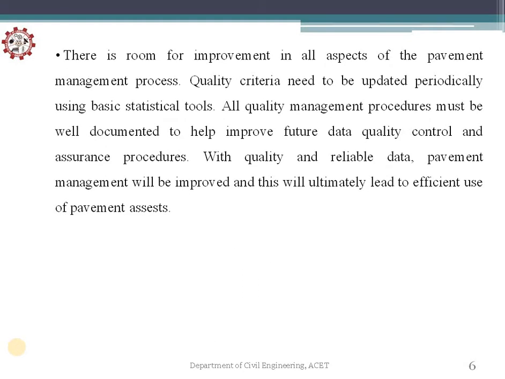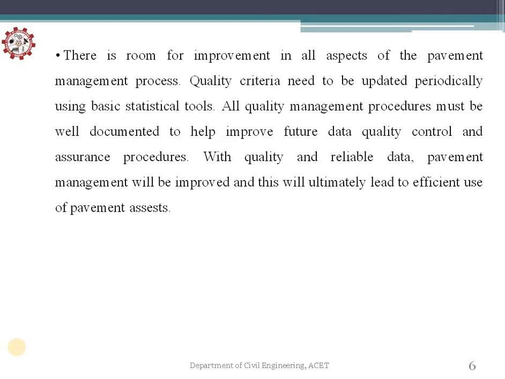Along with this, you need to know there is room for improvement in all aspects of the pavement management process. Repair means you need to improve the pavement in all conditions, whether it has warping conditions or any obstacles, anything it has, you need to manage it with respect to the improvement status or improvement quality which has to be taken care of.